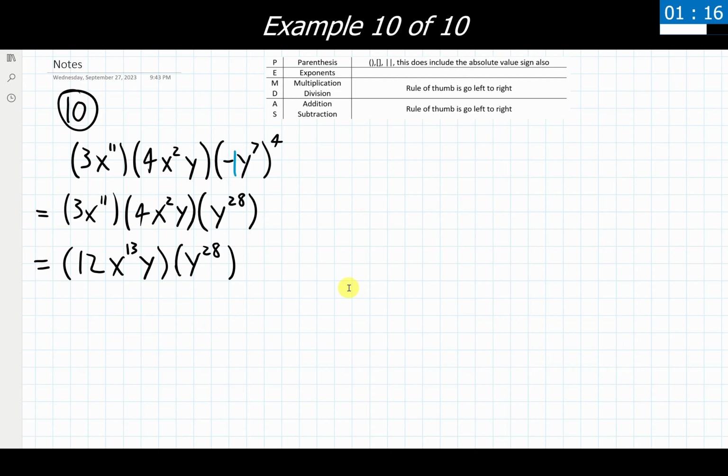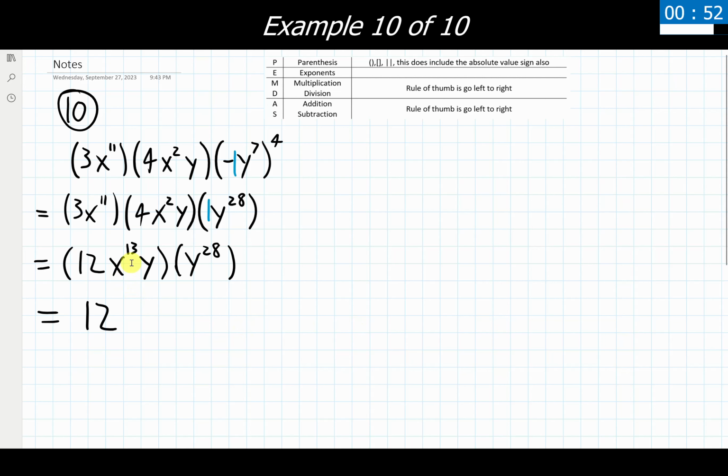But I've simplified these first two down, and now I can simplify the last part, throwing that in there as well. So I don't have any coefficient that's going to change here. Technically there's a 1 if you wanted to write that in for yourself. You don't have to, and we generally don't see it written in that way, but it is technically there. So I'd have 12 times 1, which is just going to give me 12.